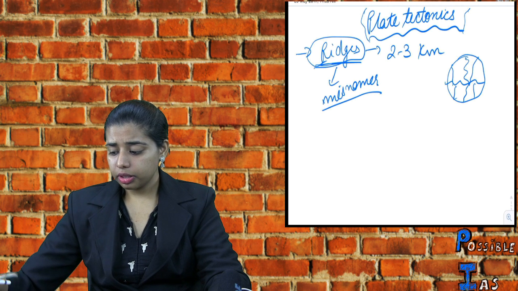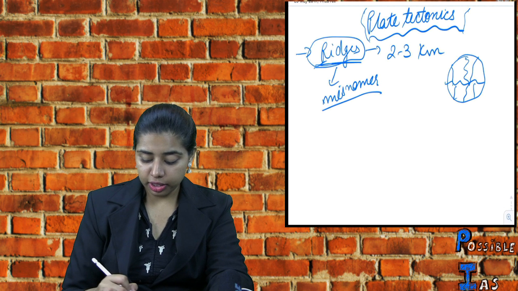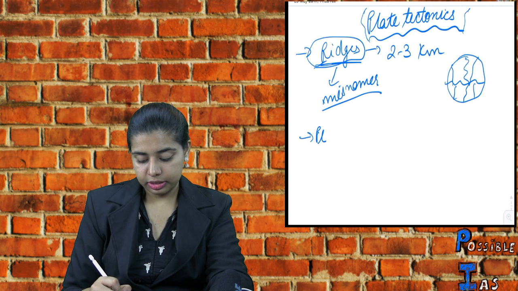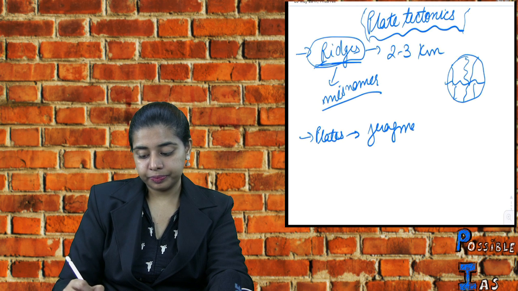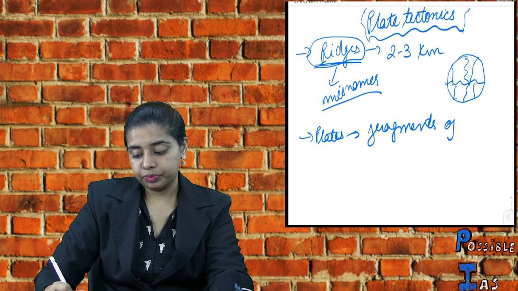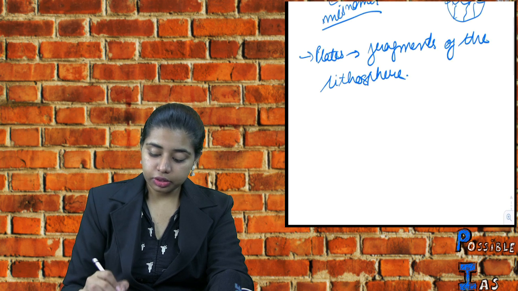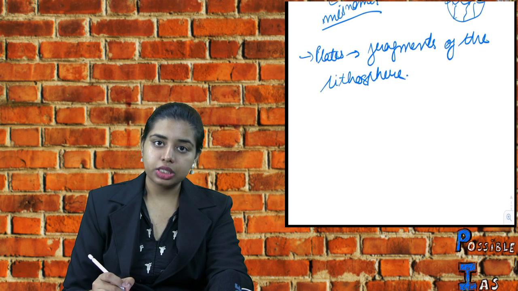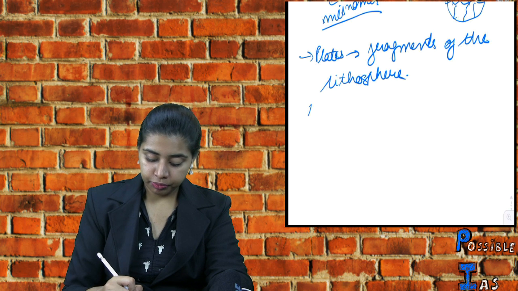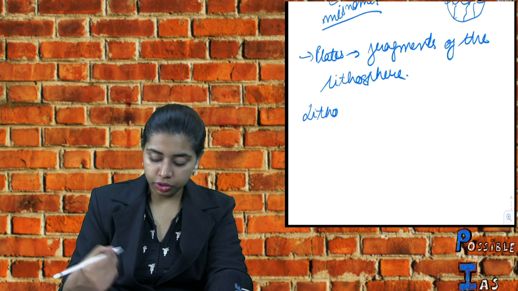Now, for plate tectonics, the Earth was divided into various plates. What are these plates? These plates are fragments of the lithosphere. When we studied the structure of the earth with respect to physical properties, we divided it into lithosphere and asthenosphere, other than of course the inner core and outer core.